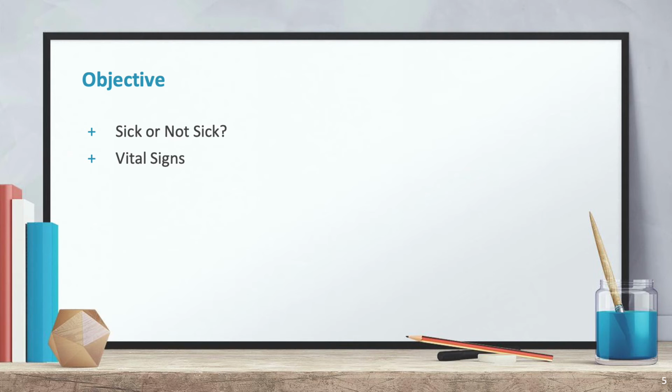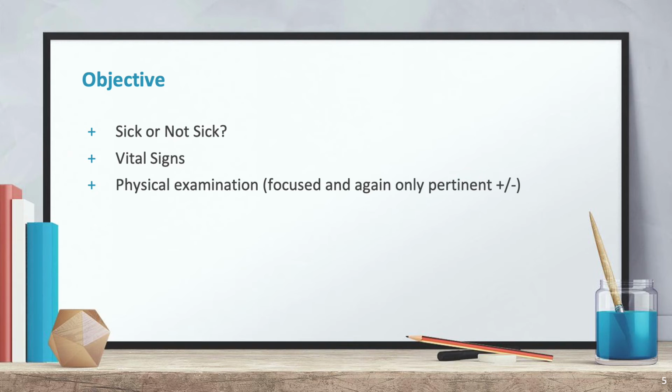Sometimes people throw in glucose here as well, but that's not always something that you're going to obtain with every patient. Again, make sure that you include the physical examination. Here, only focused and pertinent things are really the things that you care about. For instance, somebody who has chest pain, heart and lung are much more important.